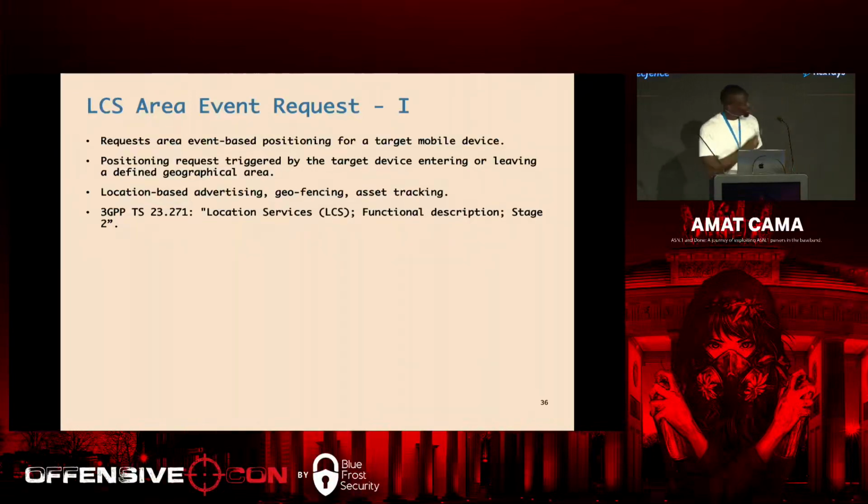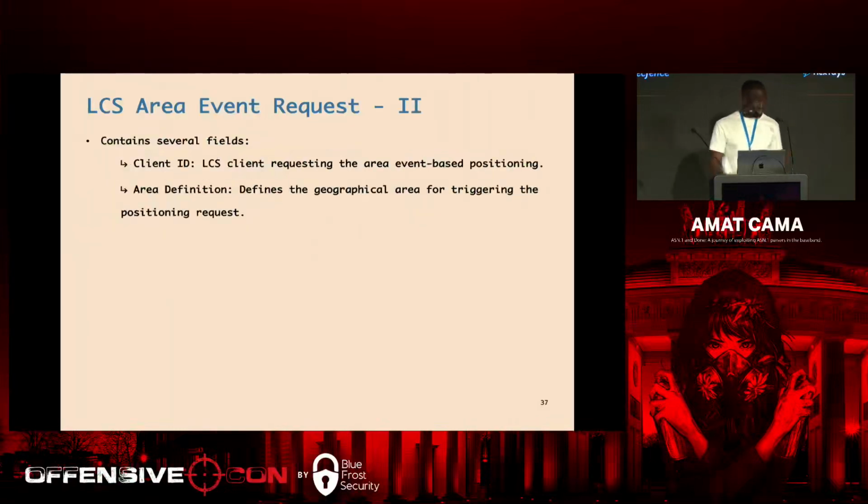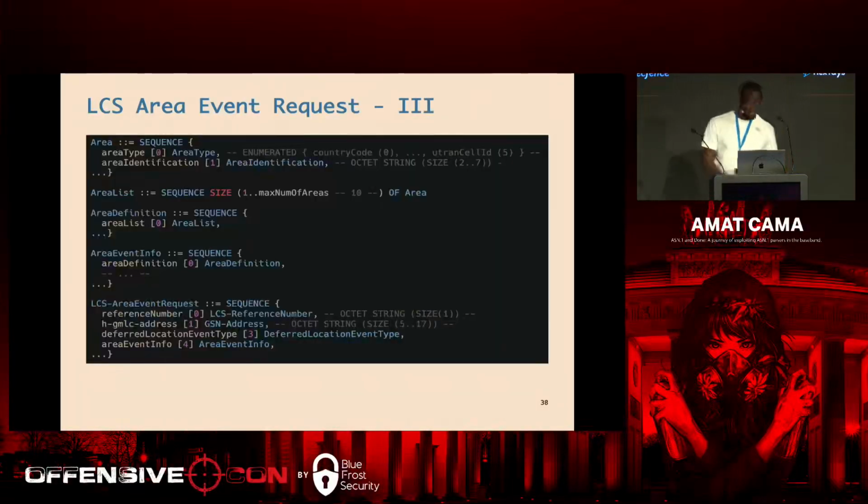It's defined in this GSM spec here. It contains several fields: the client ID field, and then the area definition field. This is a very, very simplified version of the ASN1 definition of this message.